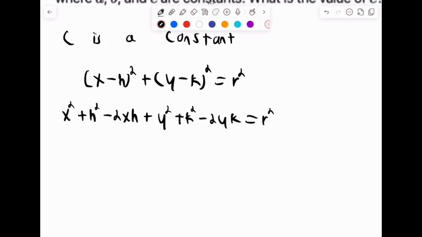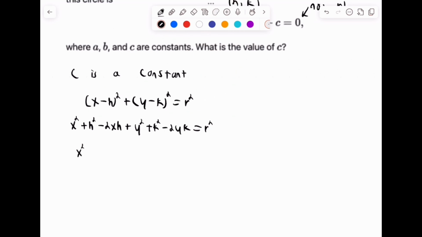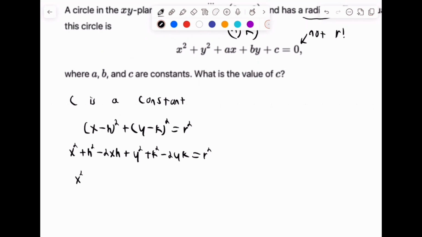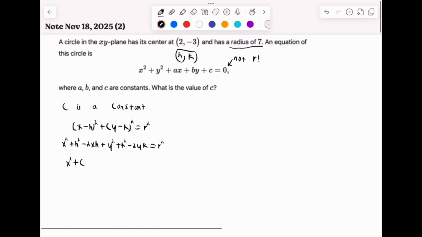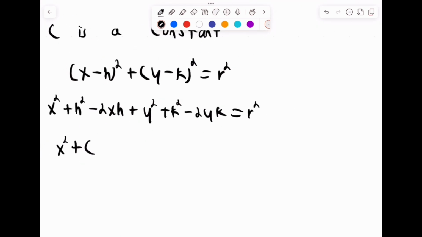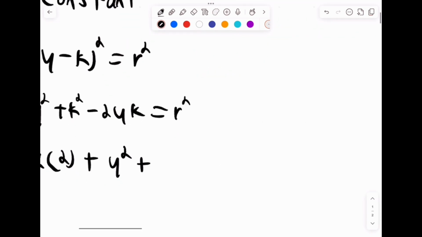So now we have this even worse looking equation than before, but the plan here is to plug in the values we were given to match up these equations. So x squared plus our center, which is 2, since it was given, 2 squared minus 2x times 2, because of h, plus y squared plus our y coordinate of our center, which is negative 3.